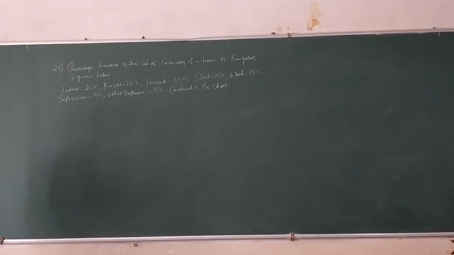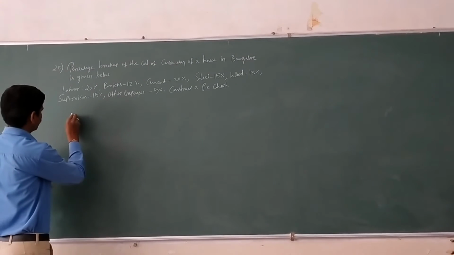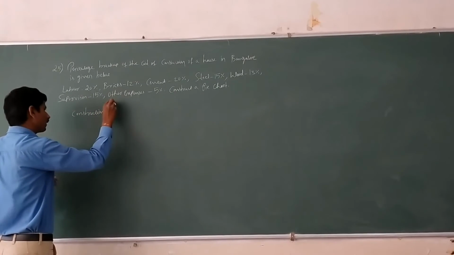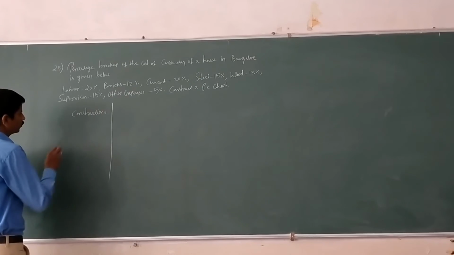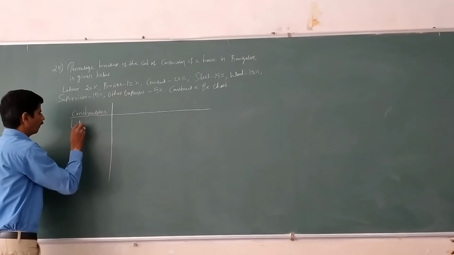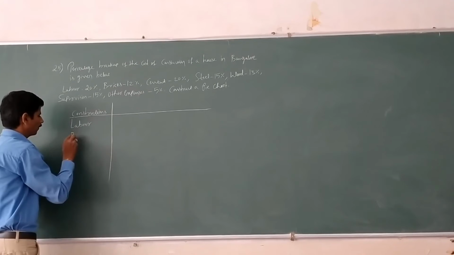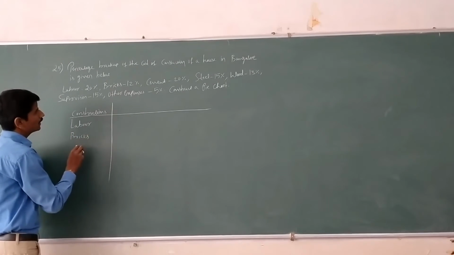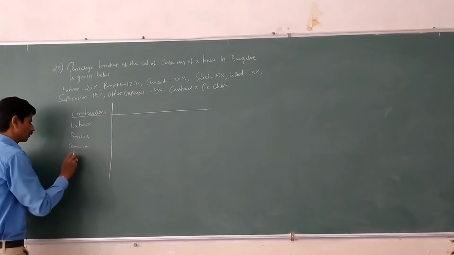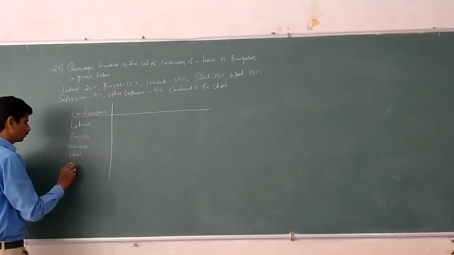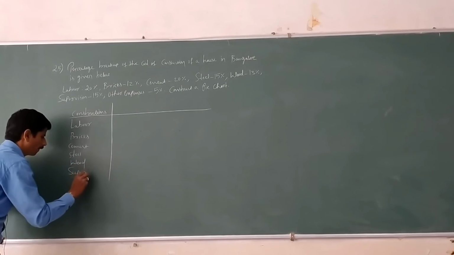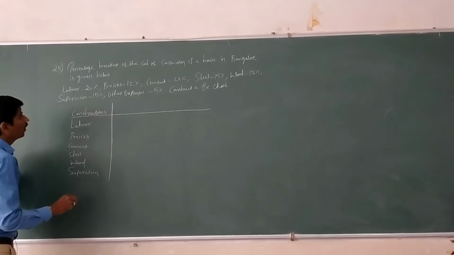Here the constructions are given. The first one is labor, bricks, the second one is cement, the next steel, next wood, supervision, and other expenses.